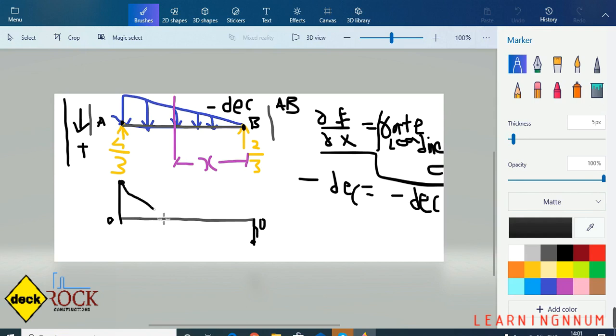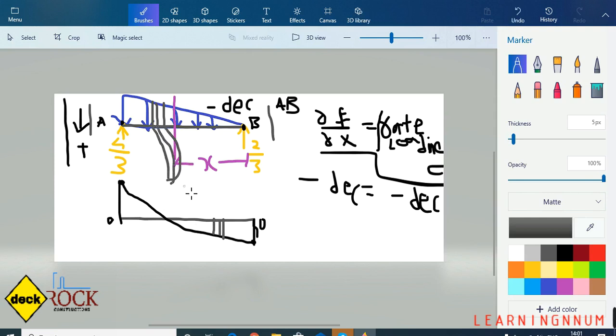Understood? Yes, sir. So this is what. And you can also take this. See, you can draw 3 lines or any number of lines. Okay, and draw here 3 lines. This is what?